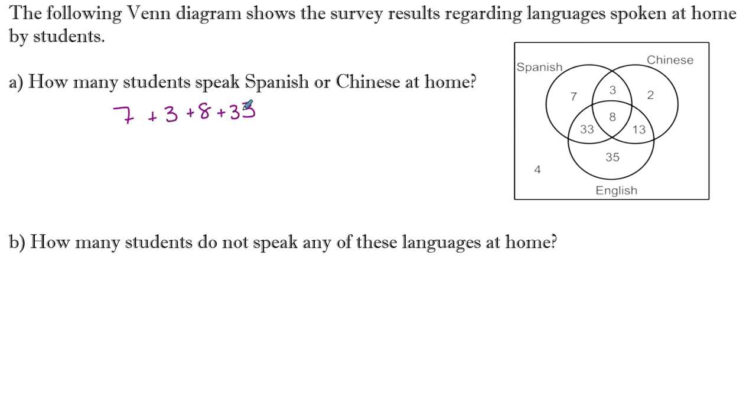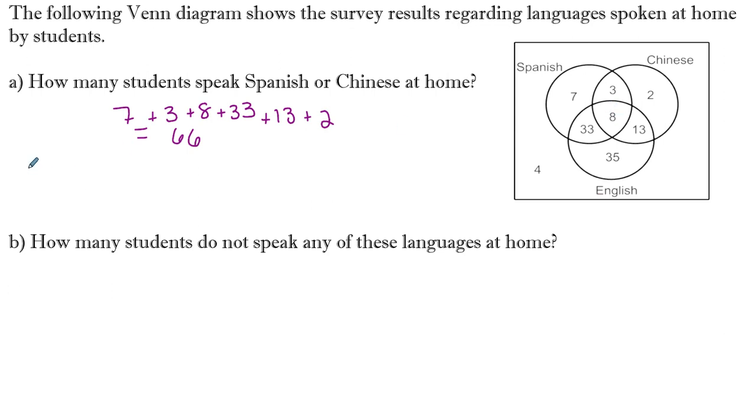Those are all in the Spanish circle. Plus, we already counted the 3 and the 8, so we still need to add 13 and 2, which gives us 66. Another way to complete this problem would be to do the same thing we did in the previous example when dealing with females in education. You could add them both up and then subtract the 3 and the 8, which is overlap. You will get the same answer either way.